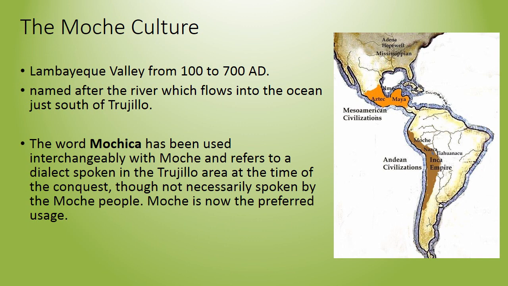But we know a little bit about their language and the dialect that was spoken at that time in this area called Trujillo. But something that they're known for mainly is their pottery here, which we'll see in a minute.